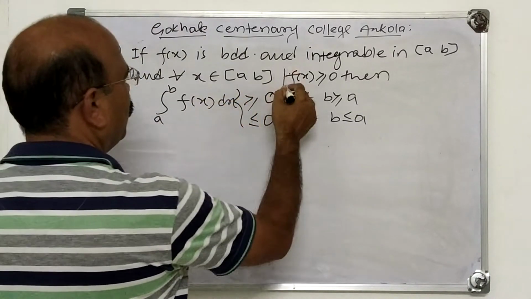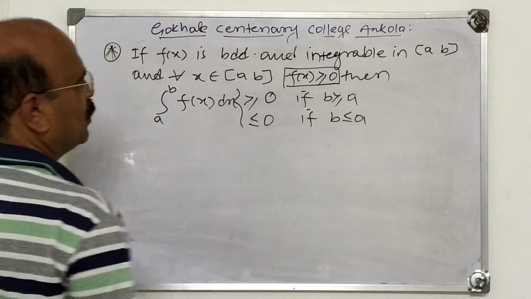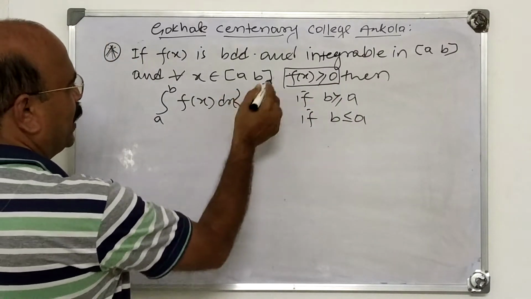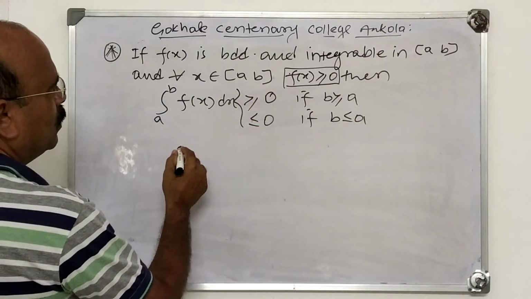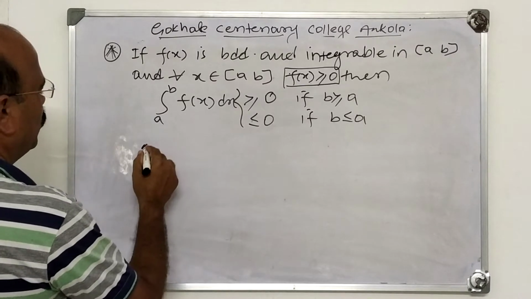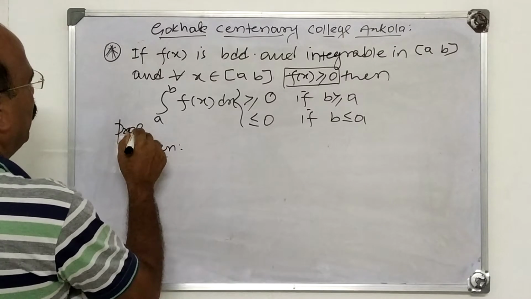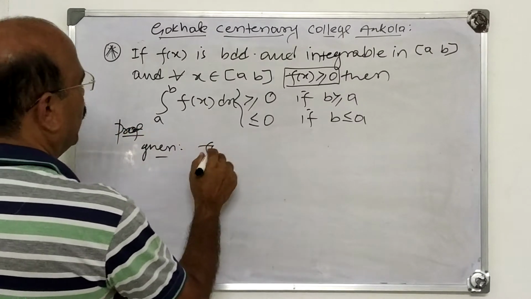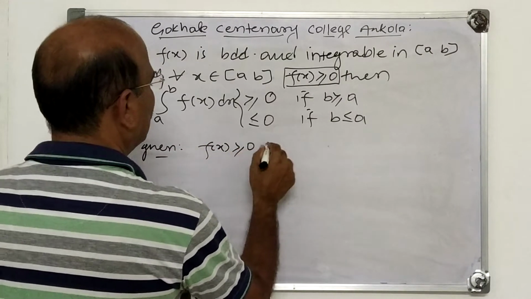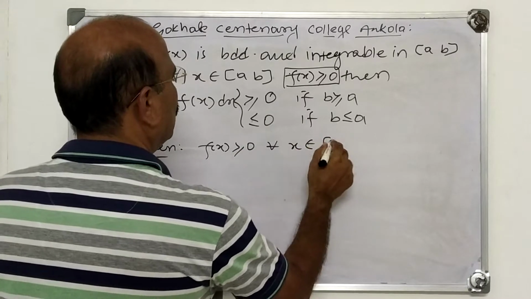What is given? f(x) is greater than or equal to 0 for all x. Now the proof of this is like this. Given f(x) is greater than or equal to 0 for all x belongs to [a, b].